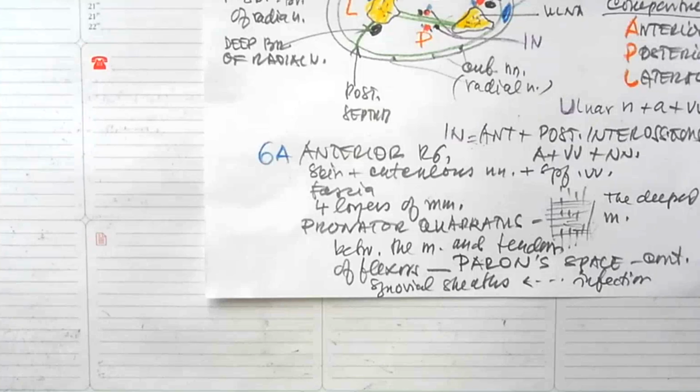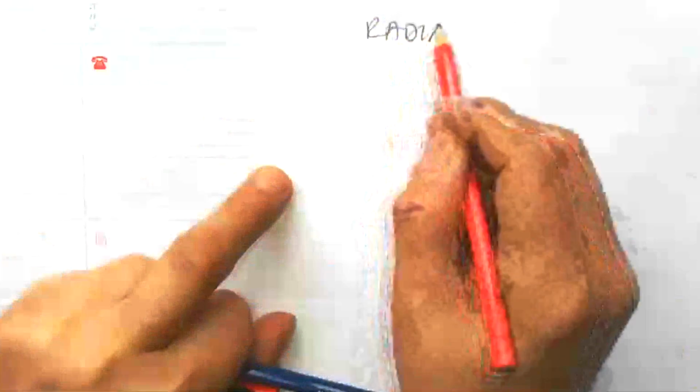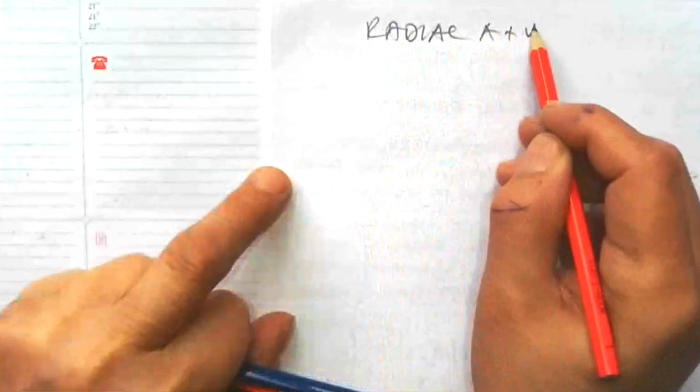The other structures within the wall of the muscles run the arteries. So we have to just mention that there is the radial artery plus veins, and on the other side ulnar artery and veins.